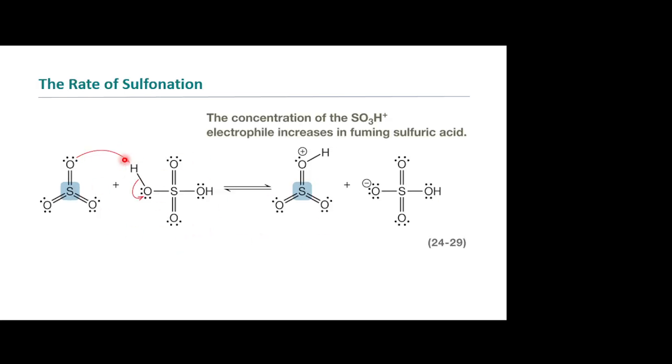All right. So the concentration of the SO3H plus electrophile is going to increase if we have fuming sulfuric acid. Whenever you see those words fuming, what do you think that means? Yeah. Whenever you see those words, they're highly reactive, so reactive they're actually causing a fume of the reactant usually to develop over the solution.